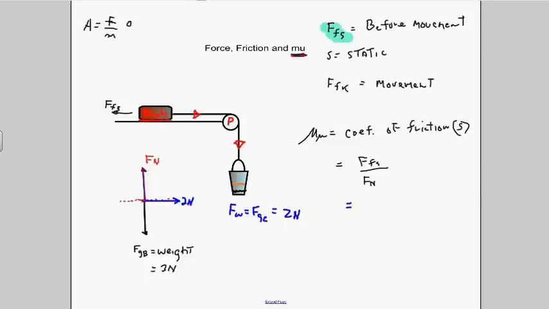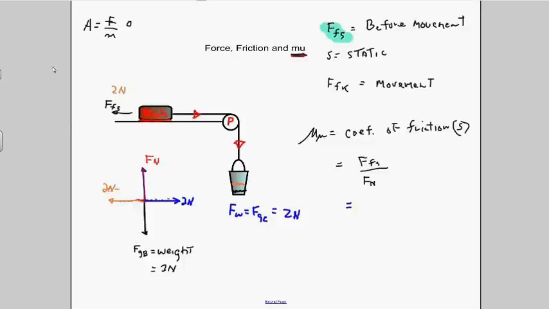And whatever the force of friction static was, pulling back, it was just equal, just under 2 newtons, and the thing started to move, so we know that the force of friction could not overcome the 2 newtons here. Therefore, we're going to say the force of friction static was just equal to 2 newtons, because at that point it started to slide. Everybody understand that?